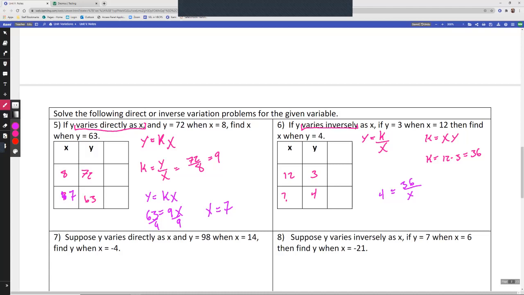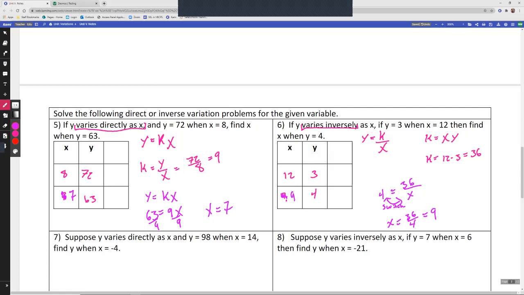And if this is confusing, remember you could multiply times x on both sides and divide by 4. But instead of doing it like that, I'm just going to flip-flop them because that's what you will get anytime you do that. These two things switch places, and we end up with x equals 36 over 4, and that's going to be 9.